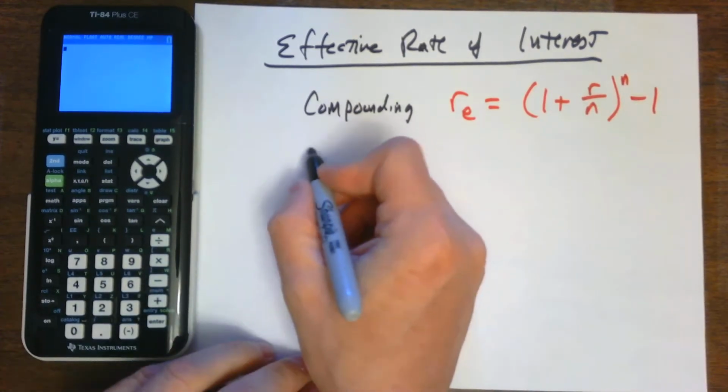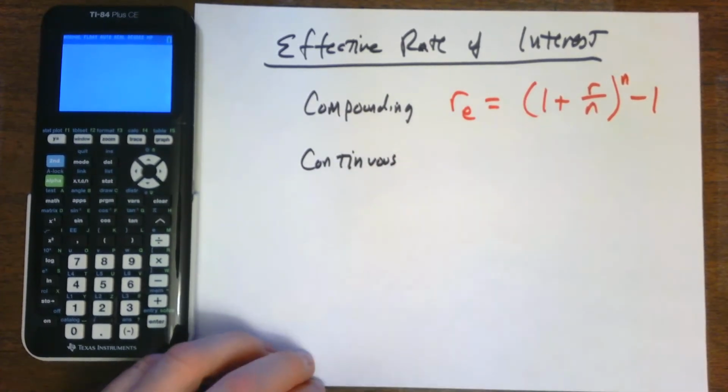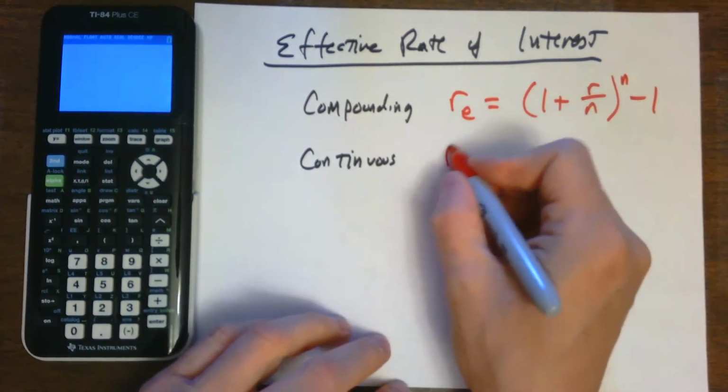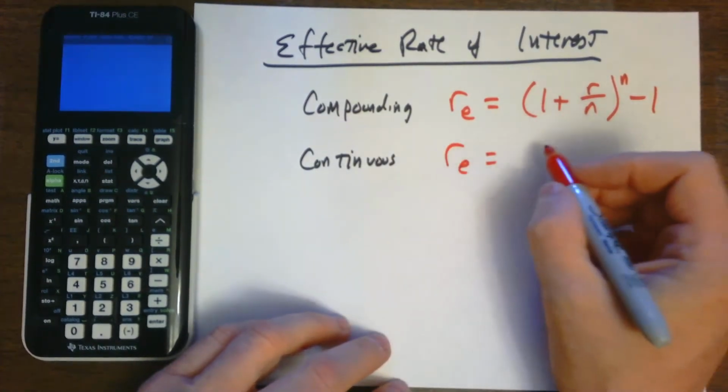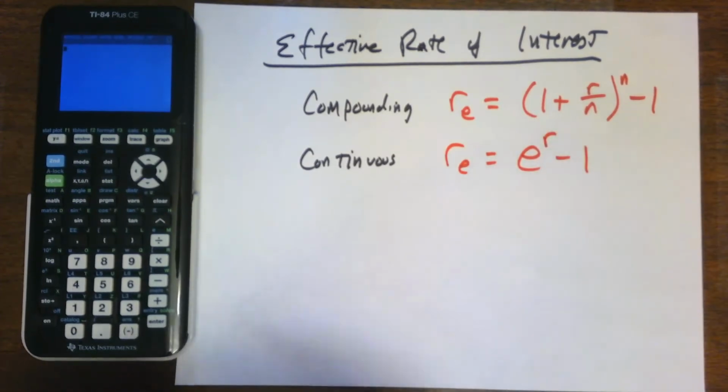If it's continuous, it's a different formula. For continuous, the effective rate is E to the rate that they're giving you, minus 1.